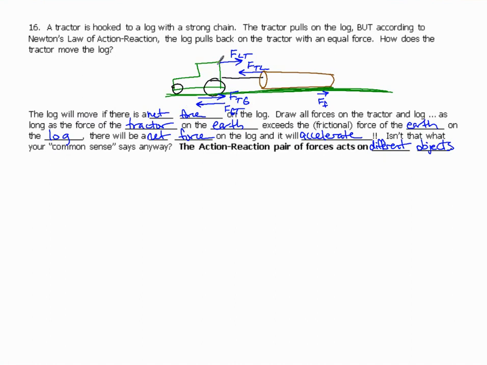We have the force of the tractor acting on the log, force of the log on the tractor, they're equal and opposite. As long as there is a net force acting on the log, then it's going to accelerate. And for just a second, let's ignore all of this. Don't actually scribble this out. But if you just look at the log by itself, look at this. We have a force pulling it to the left, and we have a small frictional force holding it back to the right.